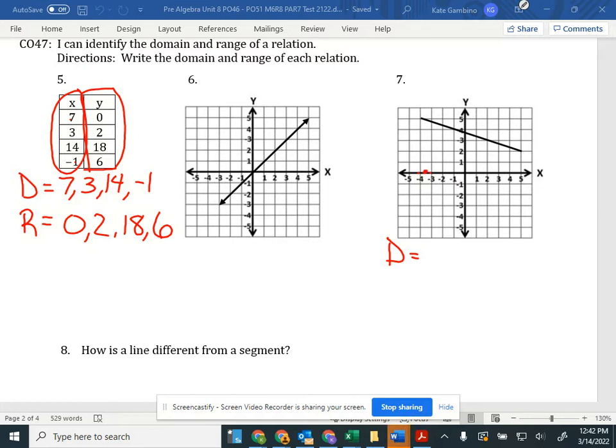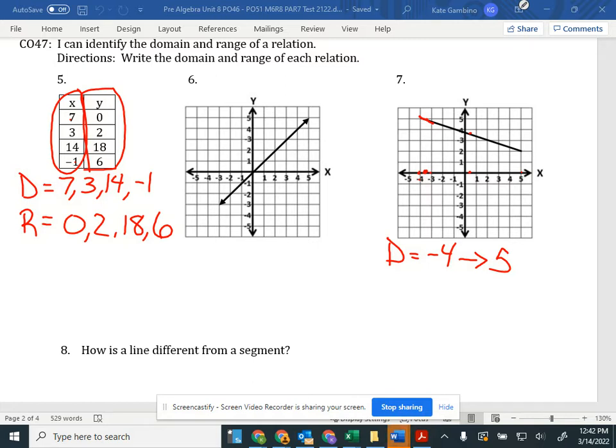Well, what about -3.5? Is that part of our segment? It is. What about a half? That's part of our segment. So you can't just list whole numbers because it's all of them. So you have to start at -4 all the way to 5. So it's all of those covered in there because it is that segment.